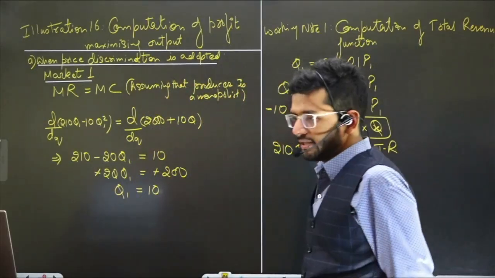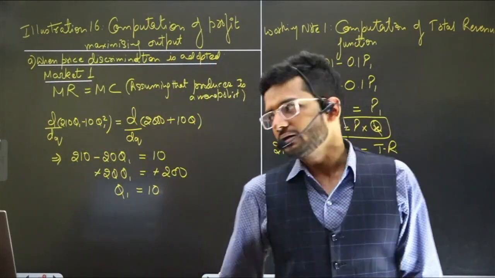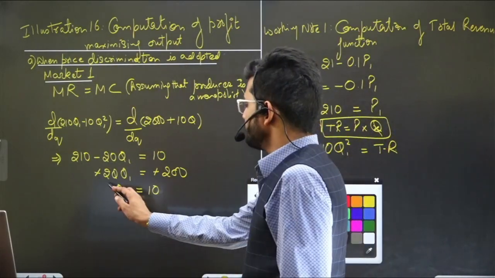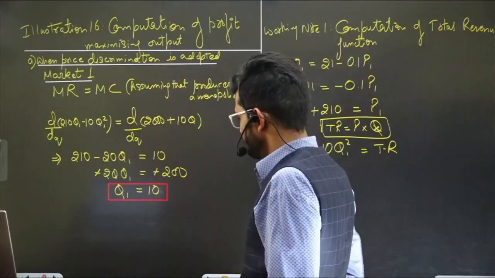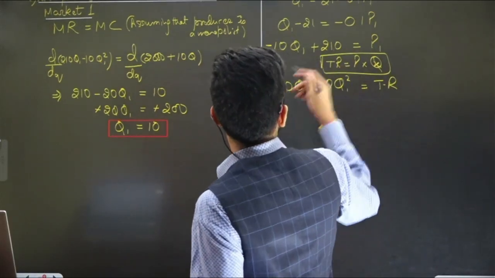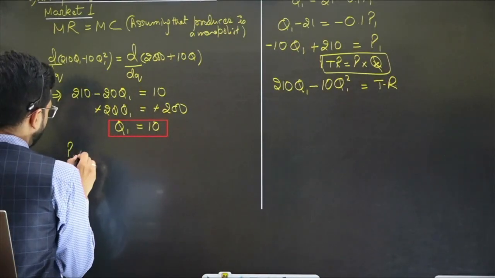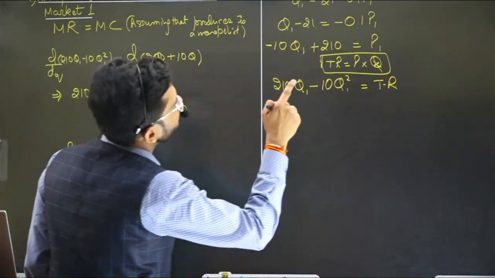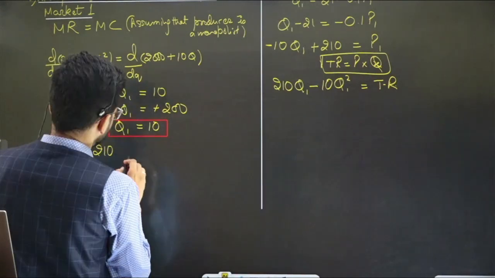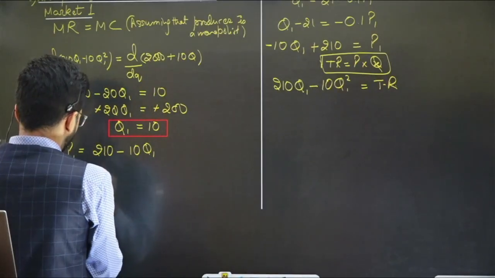So what is the quantity that is to be sold in first market? 10 units should be sold in market 1 to obtain maximum profit. Now what will be the price? That is what we need to compute. The price equation is given over here. So P1 is equal to 210 minus 10 Q1.